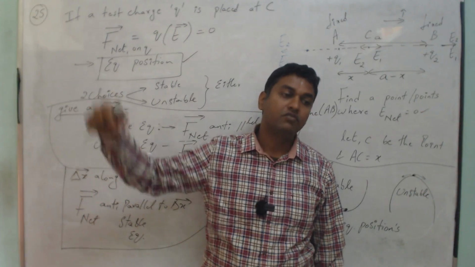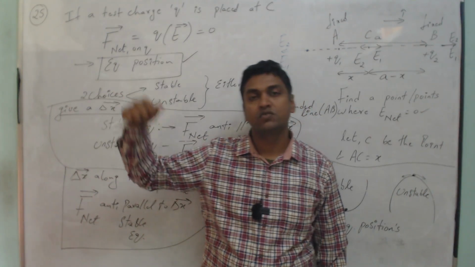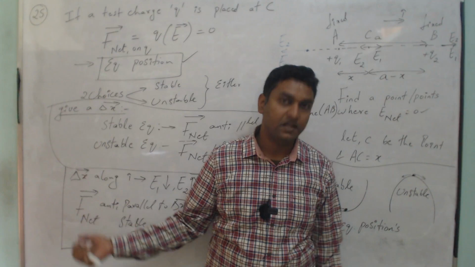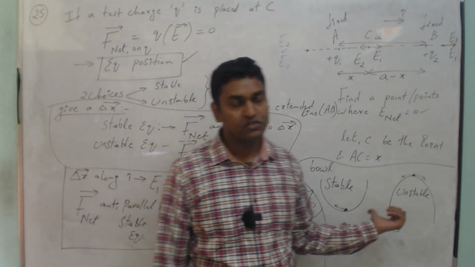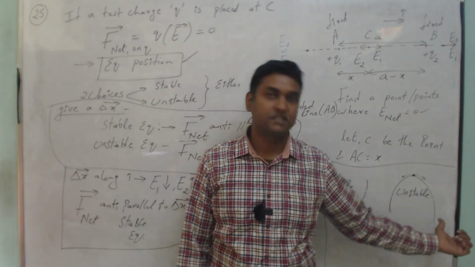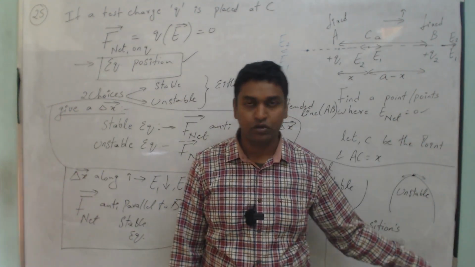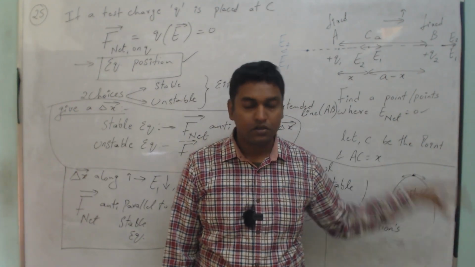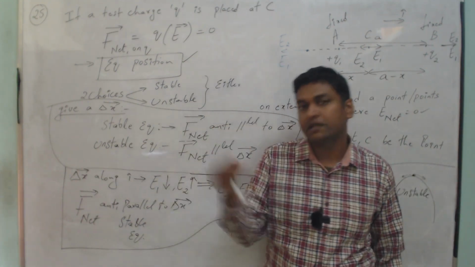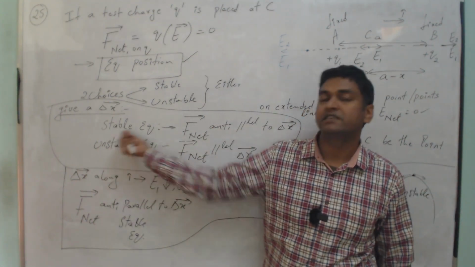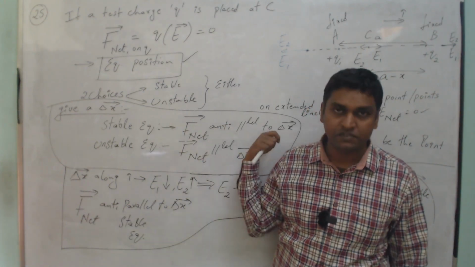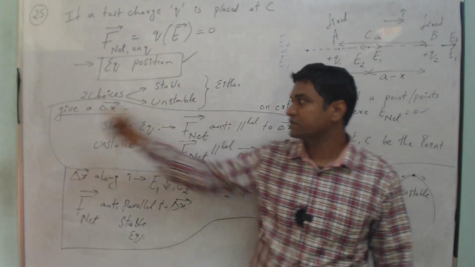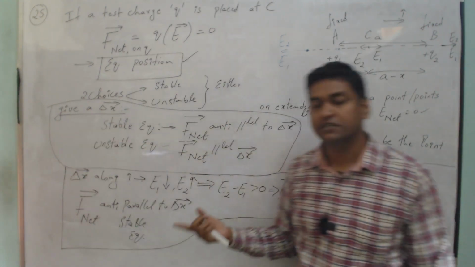In equilibrium position, there are two chances. One is stable equilibrium, another is unstable equilibrium. Stable equilibrium, like you said, is a bowl, and an unstable equilibrium example is a reversed bowl. Mathematically, we said stable equilibrium will come when the net force is anti-parallel to the displacement, and the displacement is given by us, the external agent.